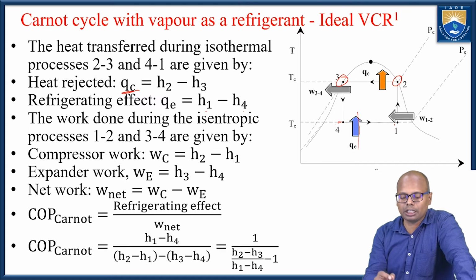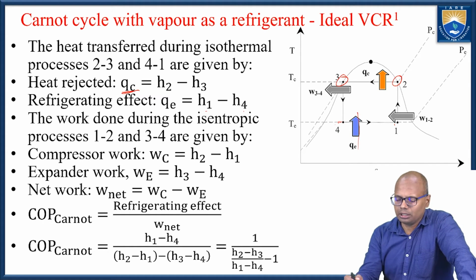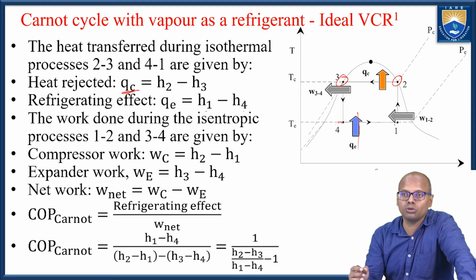The compressor work is nothing but the enthalpy change in the compressor. What is happening is the enthalpy is going to increase from 1 to 2, and in the turbine the enthalpy is reducing from 3 to 4.